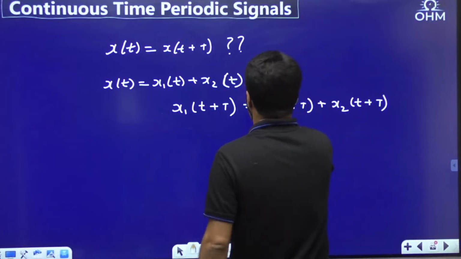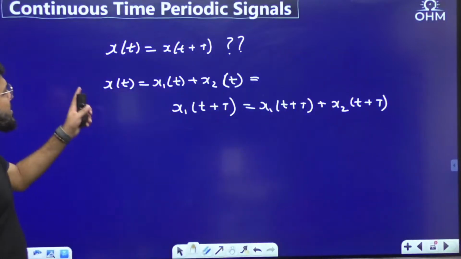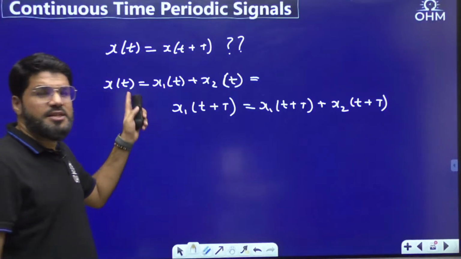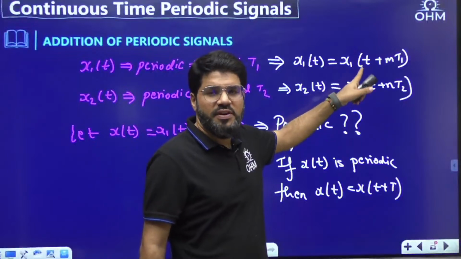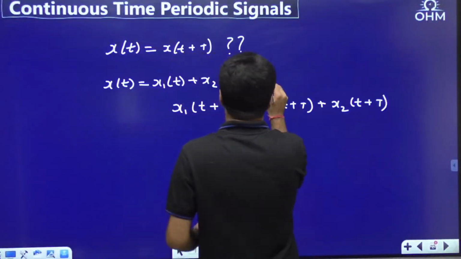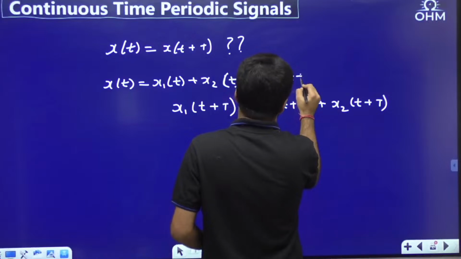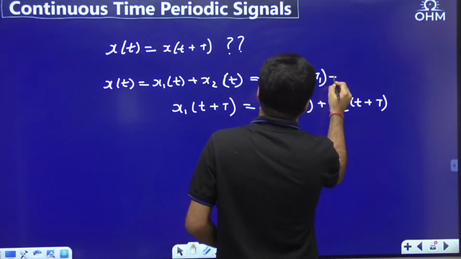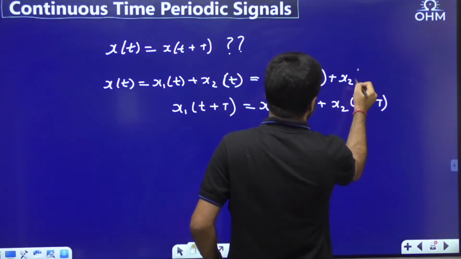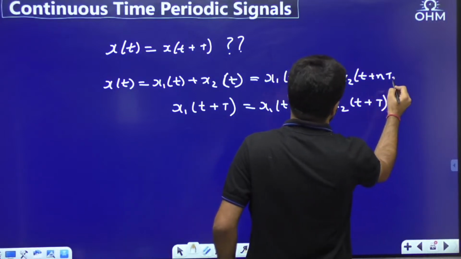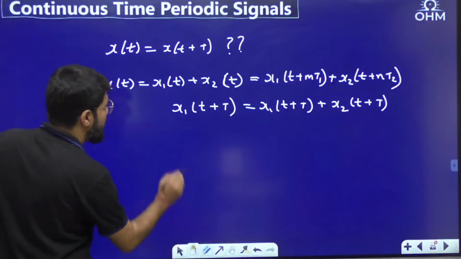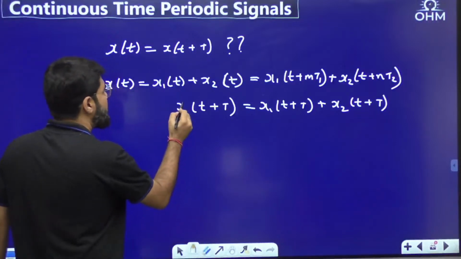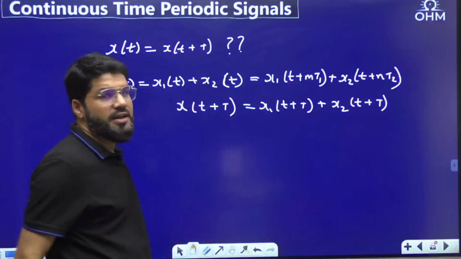Now, x(t) is x1(t) plus x2(t), but x1 and x2 are both periodic, so we can use the definition of periodic signals. x1(t) is equal to x1(t plus mT1), and similarly x2(t) is equal to x2(t plus nT2). If x(t) equals x(t plus T), then the signal is periodic.